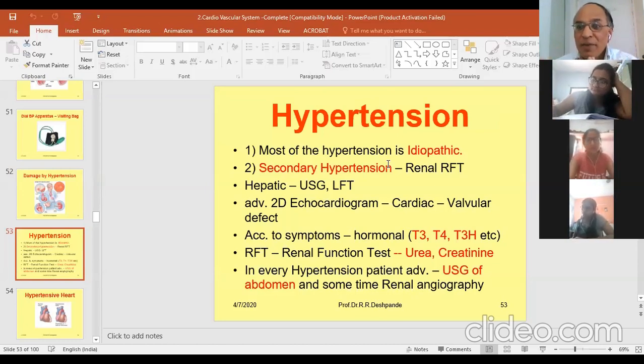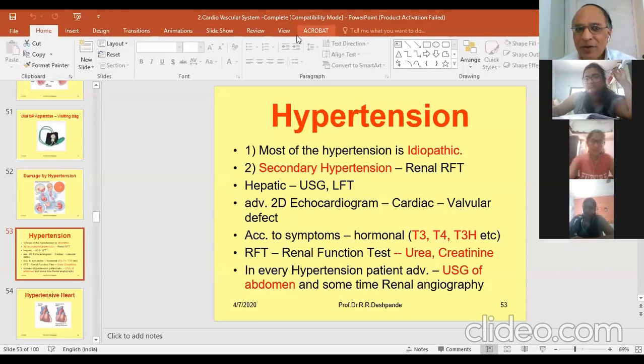In short, what is management according to Ayurveda or for all the sciences? Try to avoid the causes, try to remove the causes, try to cure the causes. So three things again. Try to avoid, try to remove, or try to cure the basic cause.